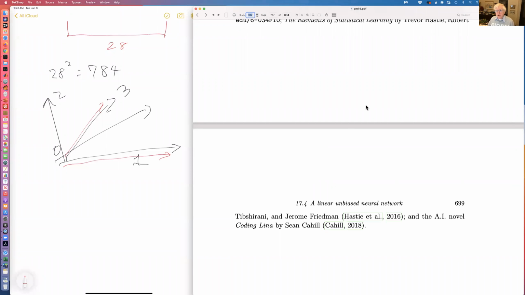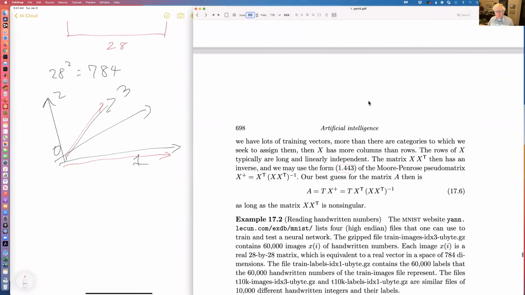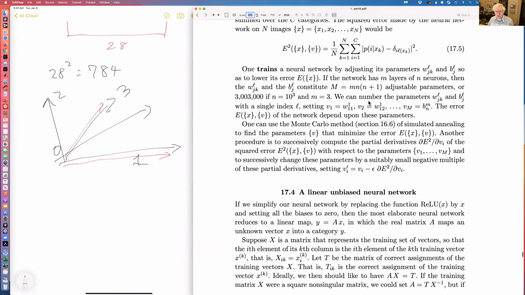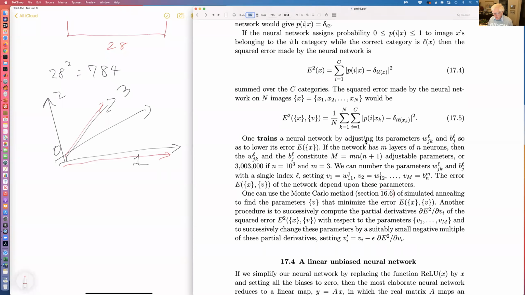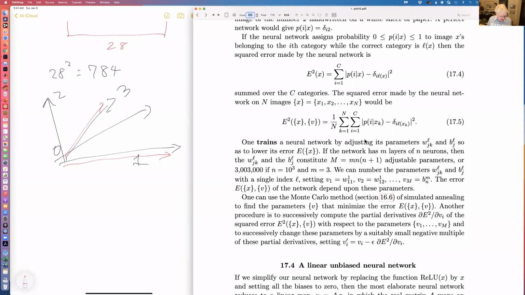In the neural network thing, you can read the description in chapter 17 if you want. And then you might say, well, this sounds really simple. What's the problem in doing AI?